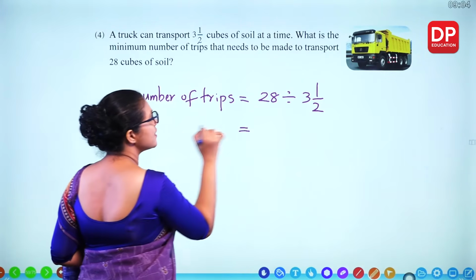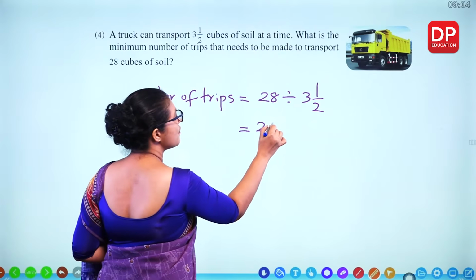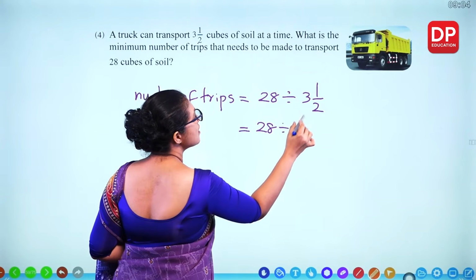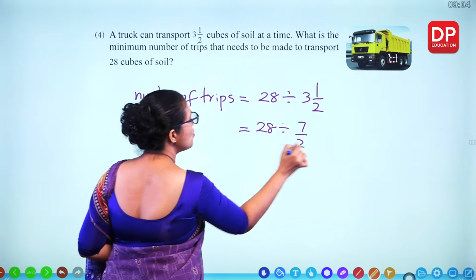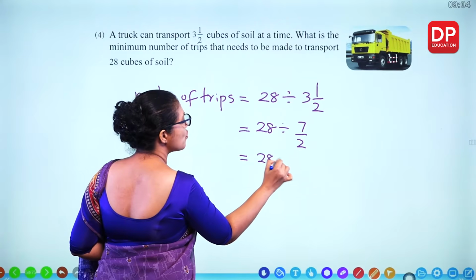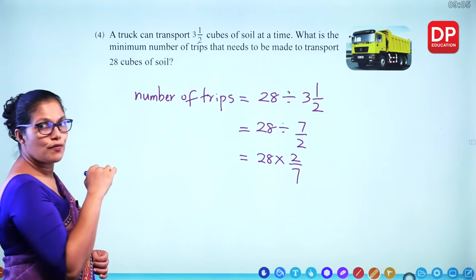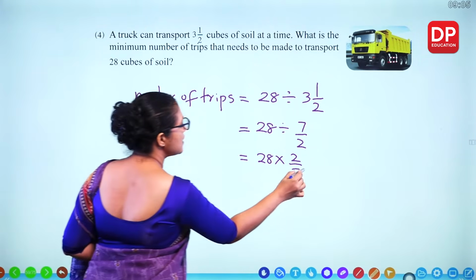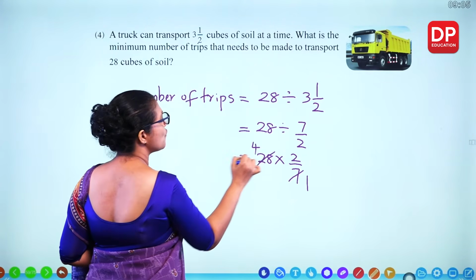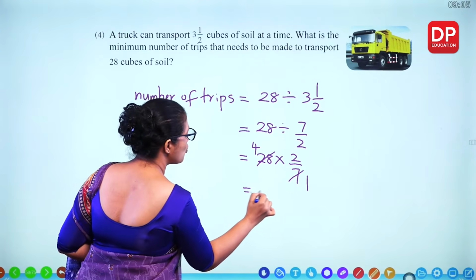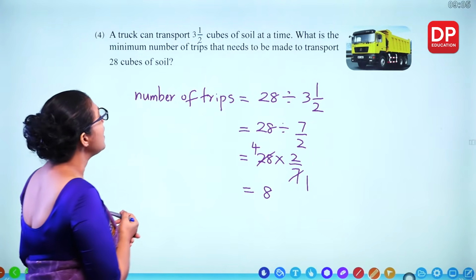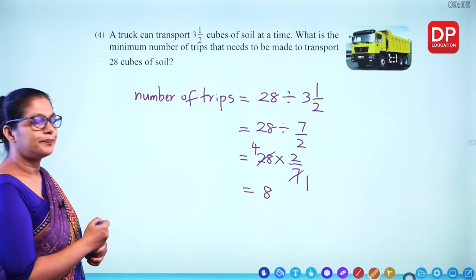So divide. First convert to improper fraction, 7/2, and then convert to multiplication with the reciprocal of 7/2. So 7 times 1, and this is 4. 4 times 2, 8. 8 trips needed.